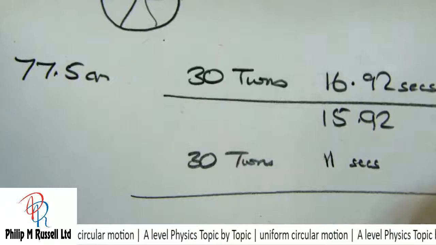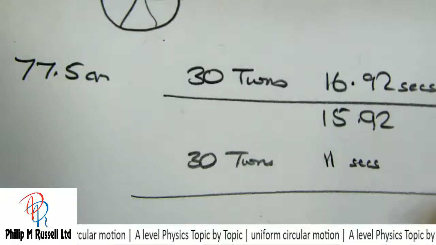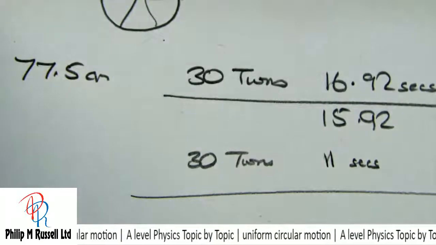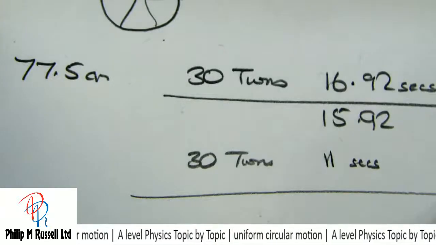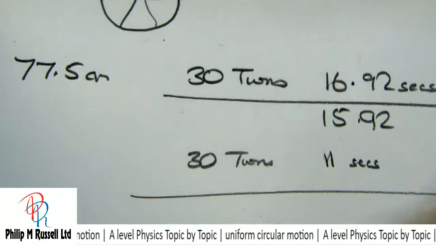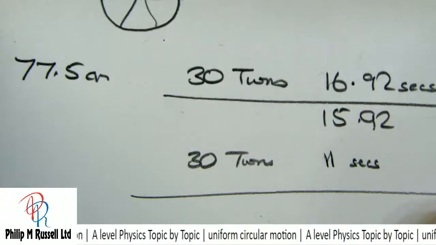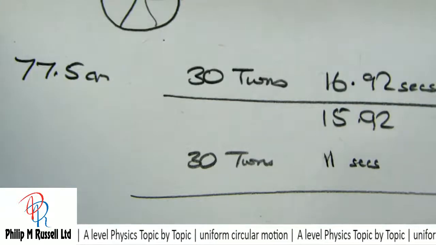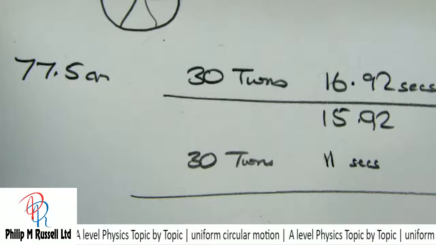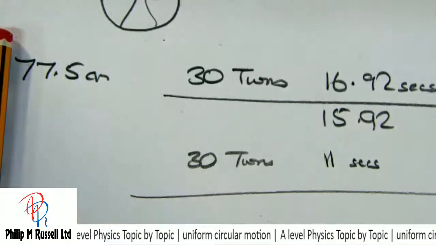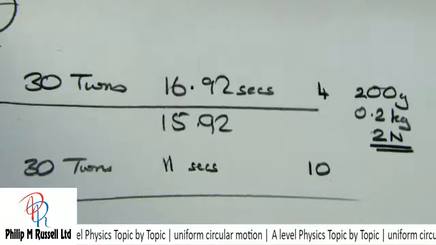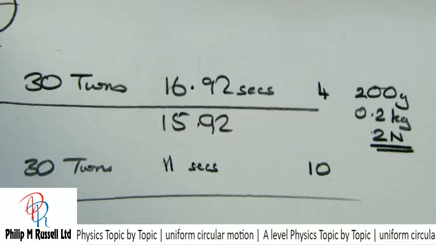To do 4, that needed a force of 200 grams. So putting that simply, that's 0.2 kilograms times 10 gives us 2 newtons worth of force. It seemed like an awful lot more than that when I'm trying it.